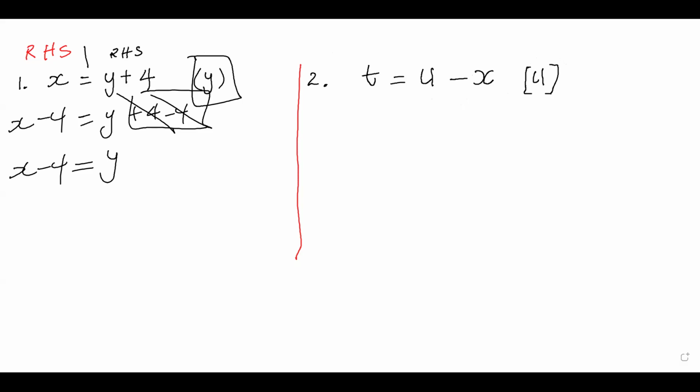What are we finding for? Finding for U. Well, you will have to remove X. That's a negative X. So remove the negative X from the formula so you can get U.